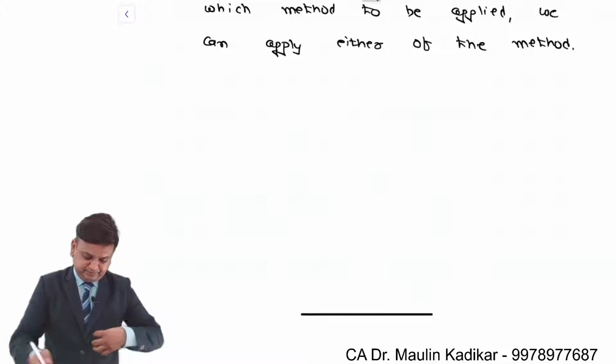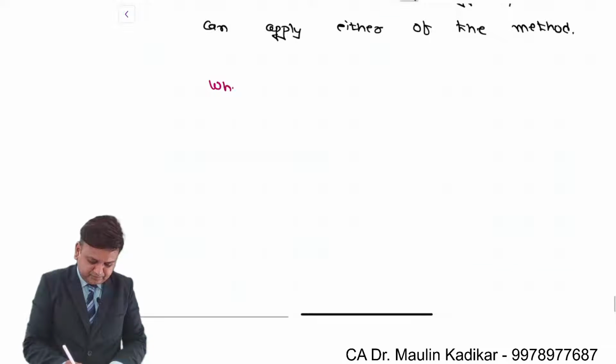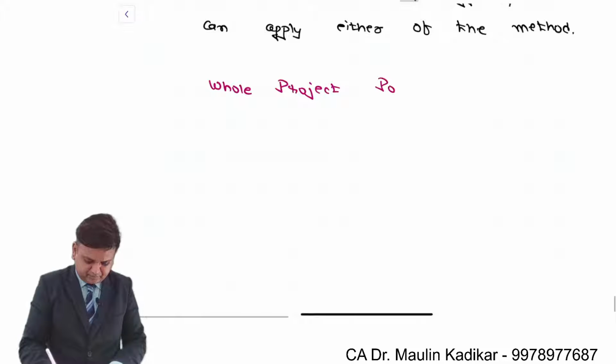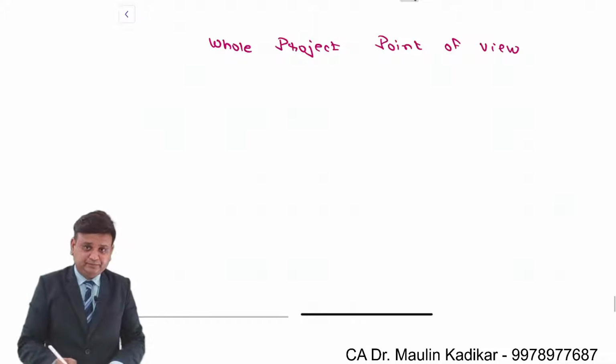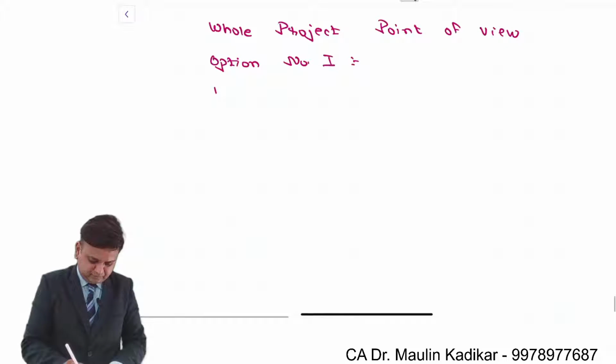Heading, write down, whole project point of view. Option number 1, manufacture the product.